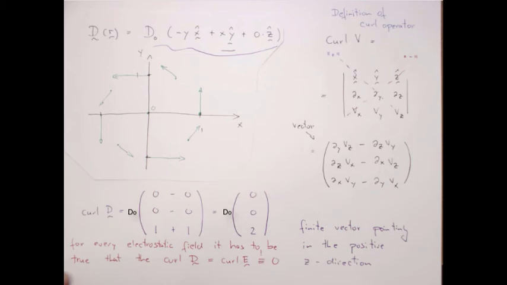If that is the case, we can exclude curling vector fields and possibly define completely the vector fields in electrostatics. And that's indeed the approach, and that is the definition of electrostatics. So in addition to Gauss's law, we require that the curl of E of an electrostatic vector field is always 0.